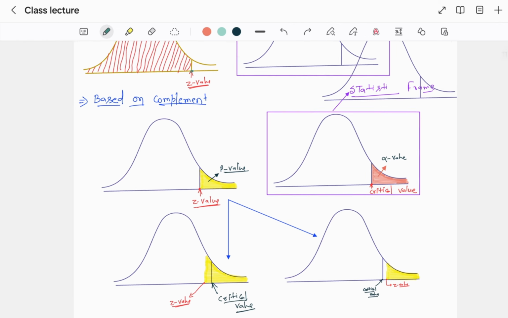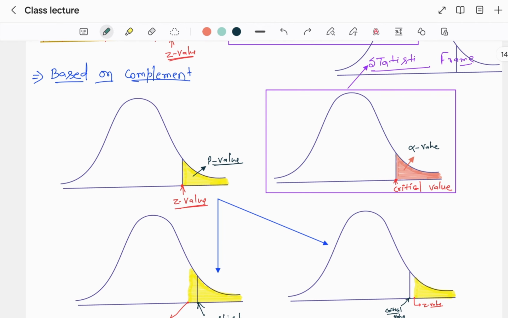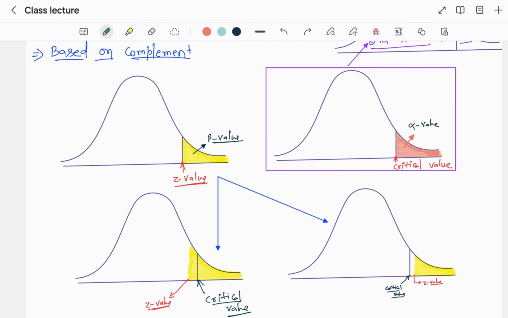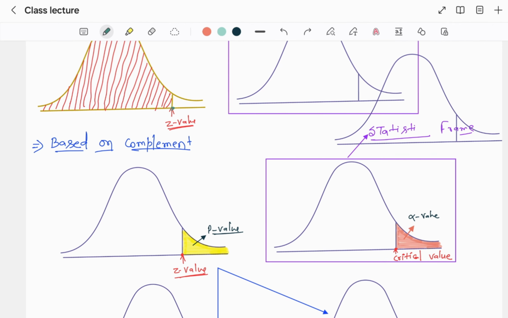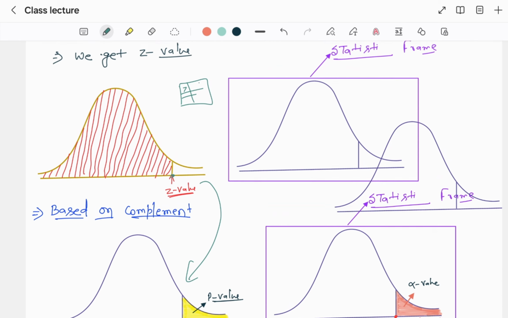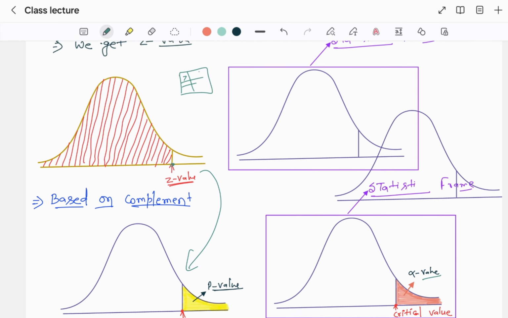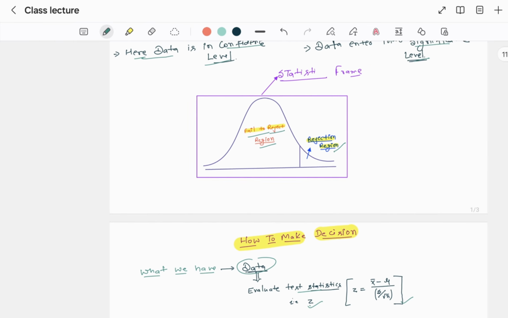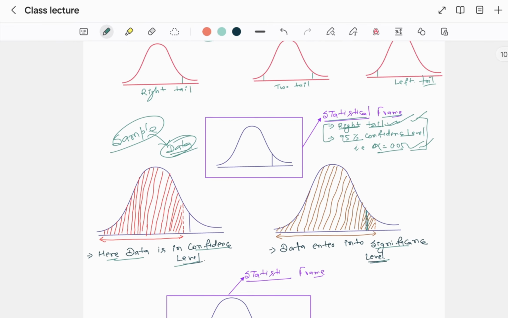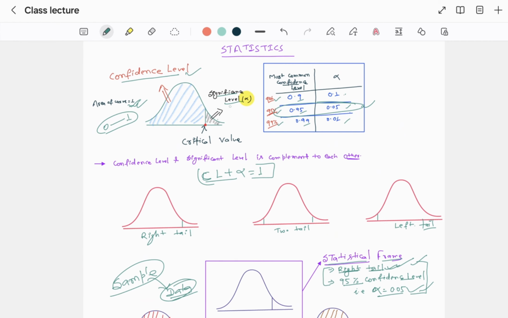So p value is also termed the probability value. From the data we will get the p value, and from the statistical framework we will get the alpha value, right? This is what we call the rejection region or the significance level, the alpha value.